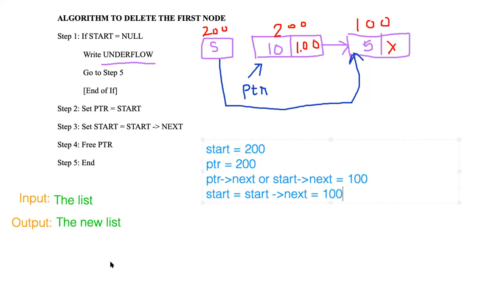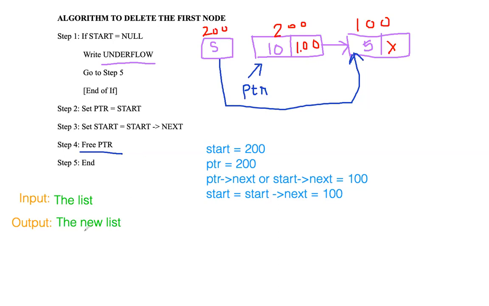Now what is meant by this particular line, free PTR? I told you that a linked list is generally implemented using dynamic memory allocation, that is using malloc and calloc. And whenever we allocate memory space using dynamic memory functions, malloc and calloc, we have to free that memory space after my program is over.